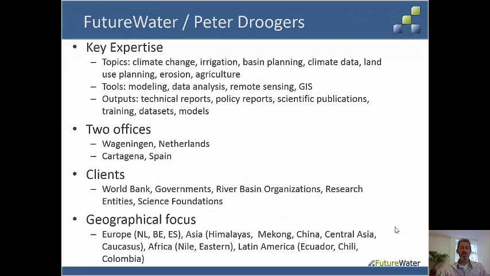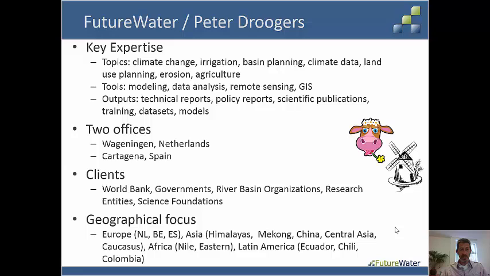And just as a very small introduction of 1 minute, what I said before, my name is Peter. I'm working for Future Water based in the Netherlands, and my key expertise is on climate change, water issues, water planning, and for the tools I use there is modeling, remote sensing, geographic information systems.